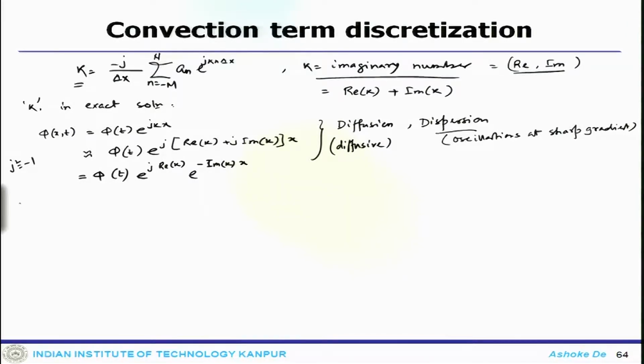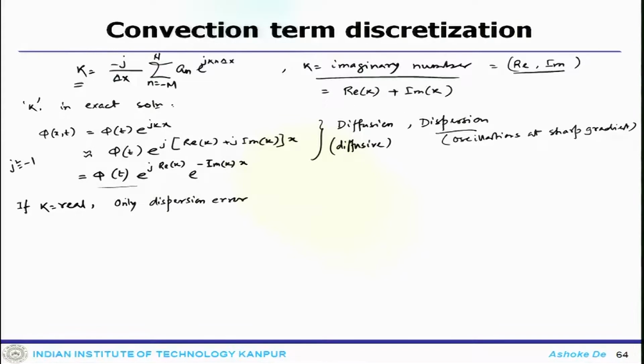Now, if k is real, then this portion of the term goes away. So, there is no imaginary component, and the solution would be only this much. The error which will be present there is only dispersion error.